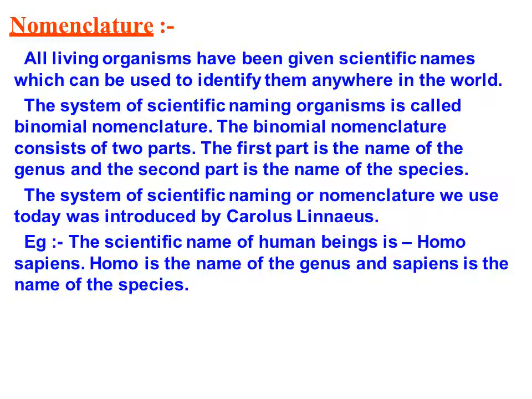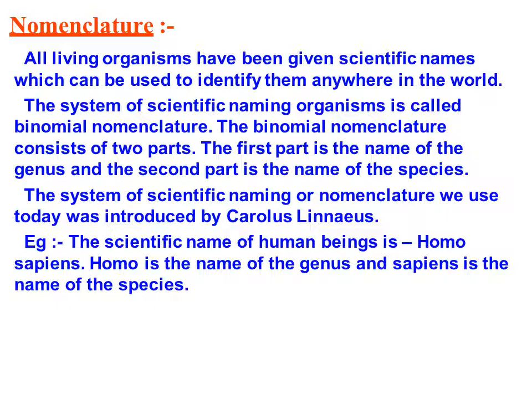What do you mean by nomenclature? Nomenclature means giving a name, namkaran. For example, when a baby is born, we give him or her a particular name. The same thing is done to name an organism also.